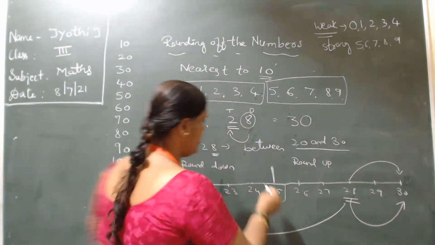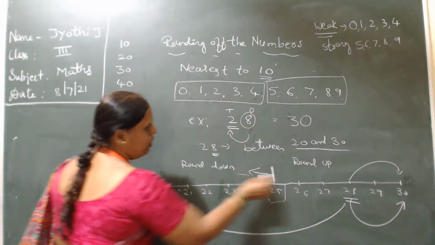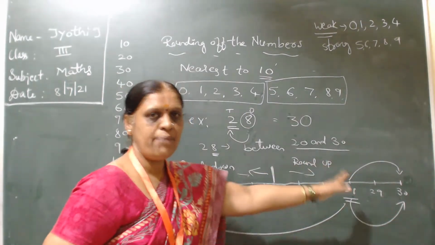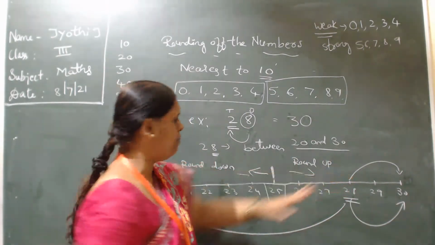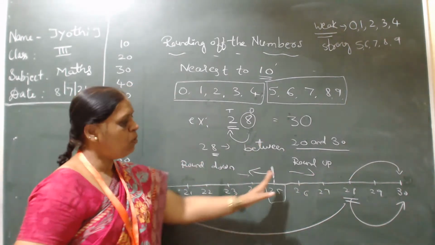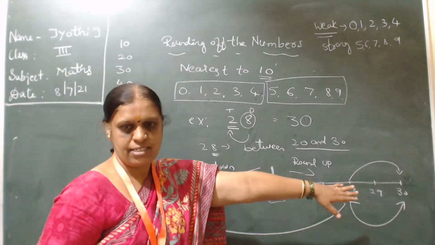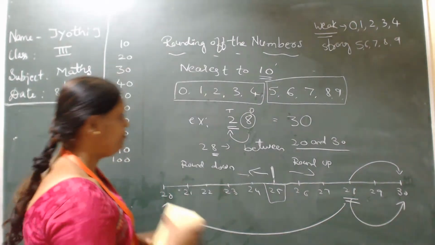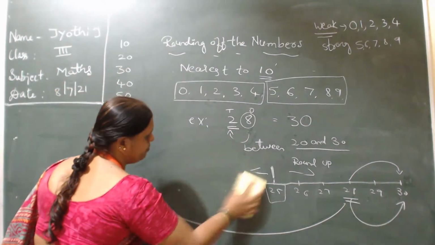Up means going to the upper number; down means coming back. Suppose we see one more example.